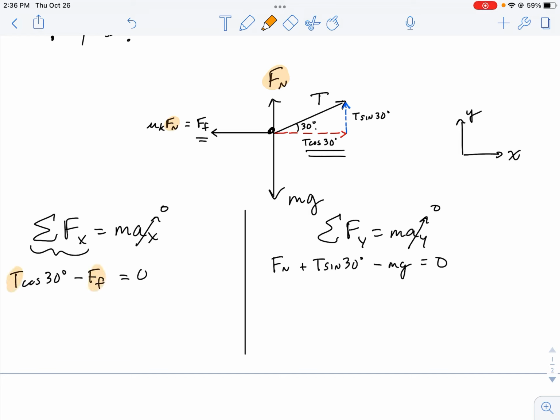Equation on the right, we don't know Fn, we don't know T, we do know mg, because we know it's 5 kilograms. So we've got 2 equations, 2 unknowns. We can solve two equations with two unknowns, so let's go ahead and do that.